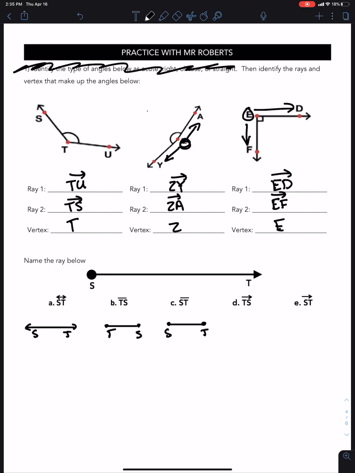This is showing a ray, starting with T going towards S. And this is also showing a ray, starting with S and going towards T. That's the one we want. Because this one is starting with the endpoint going towards the letter S, and that's not what that picture is showing. So always when you're writing your rays, make sure you are starting with the endpoint first.